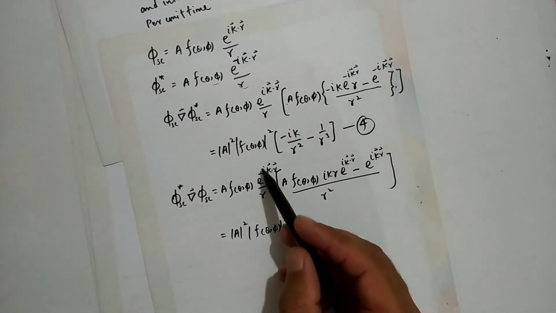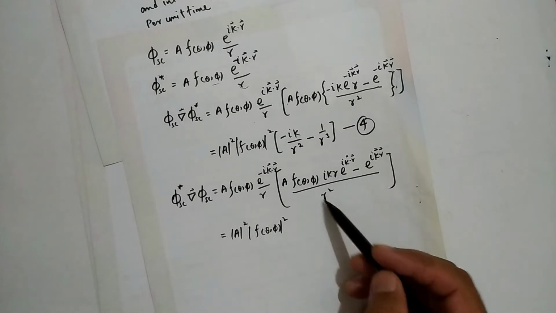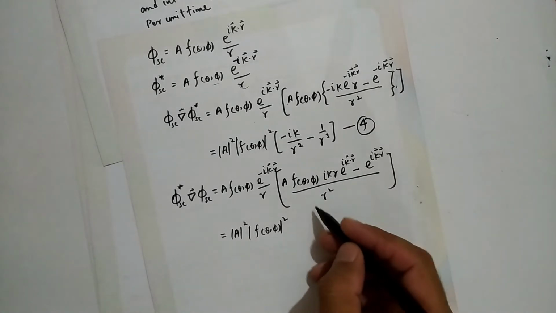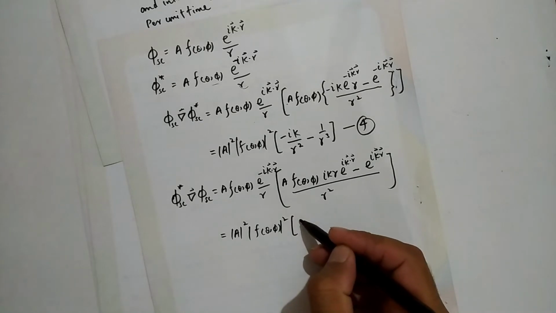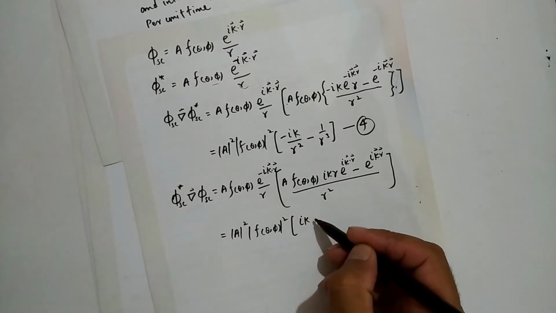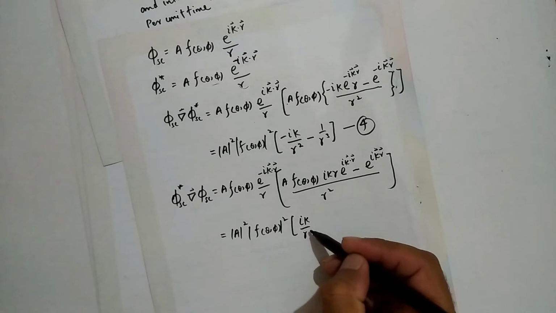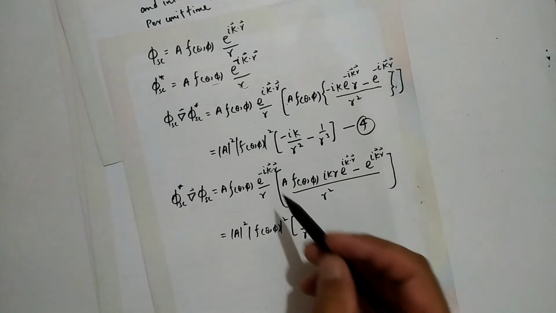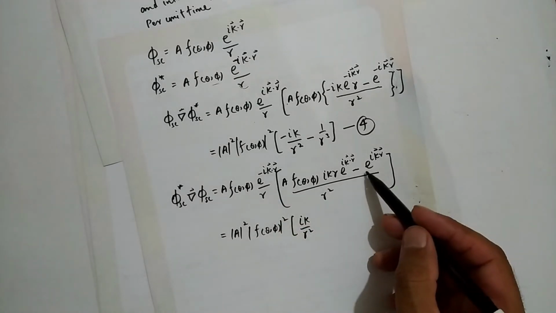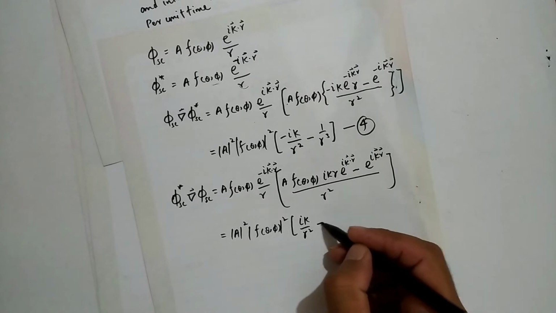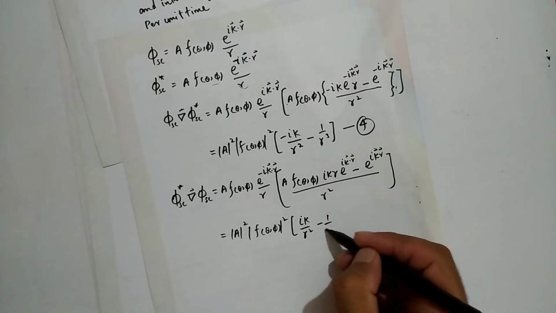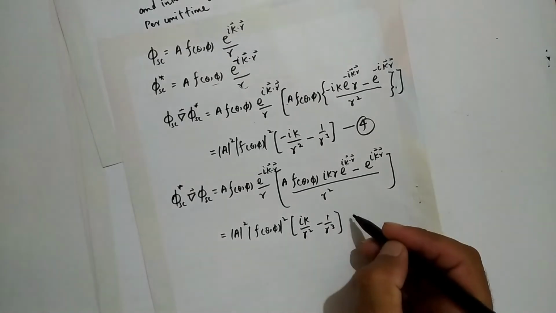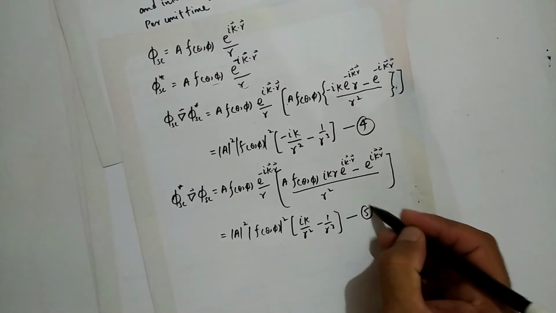Similarly, when this exponential term is multiplied with this term, we will get ik divided by r square, and when this one is multiplied with this term, we will get minus 1 upon r cube.